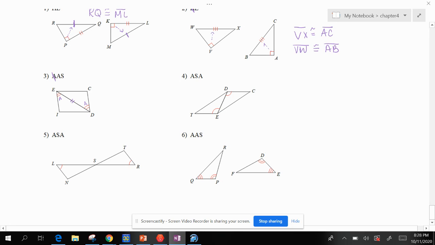I can cross it off. I just gave them a side, and I'm going to write that side. So starting from my marked angle, E, going to D, has to be congruent to the other triangle side. Well, I'm starting at this angle that's already marked, D.